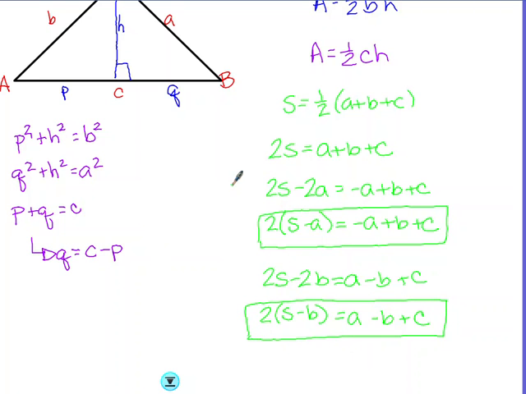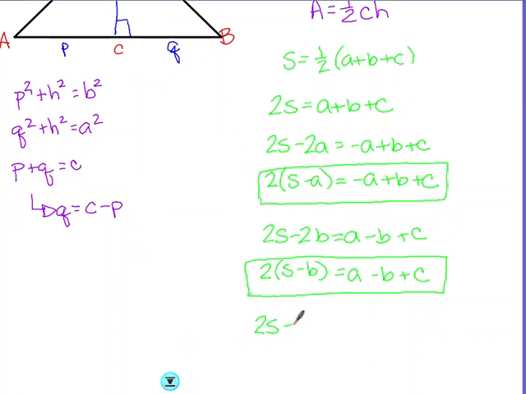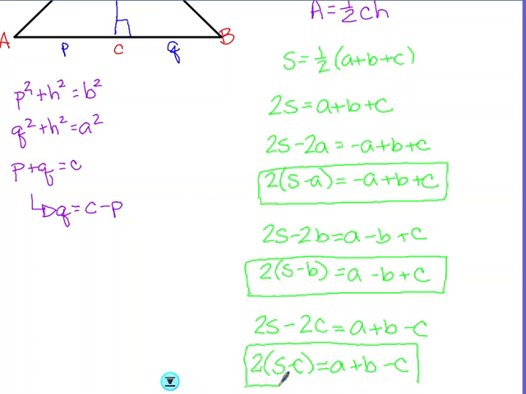Then I'm going to go back to the formula for 2S and subtract 2C from both sides. And then factor out a 2. And I'm going to use these three equations toward the end of my calculation.